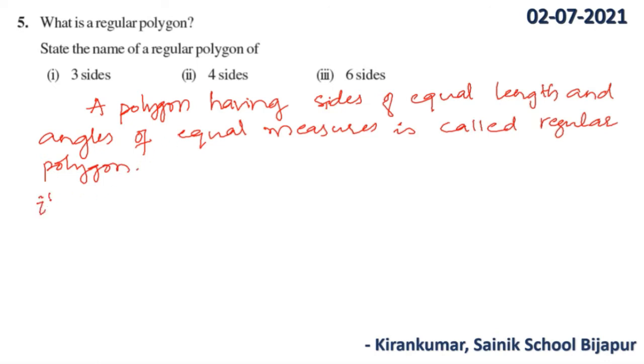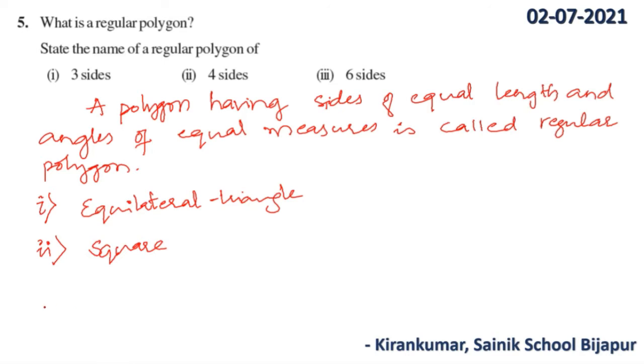If the number of sides is 3, it is called an equilateral or equiangular triangle. If the number of sides is 4, then it becomes a square. If the number of sides is 6, it is called a regular hexagon.